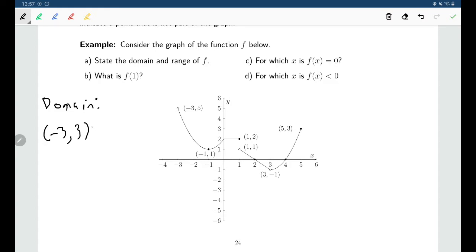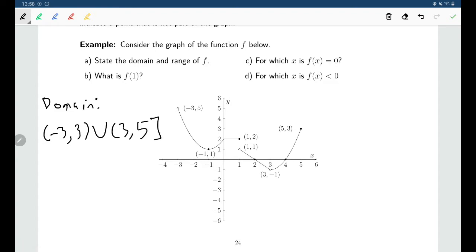And then the graph continues on from 3, not including it, and continues on all the way until we get to the x value of 5, and that x value of 5 is included. So from 3 onwards, it's from 3 up to and including the 5.